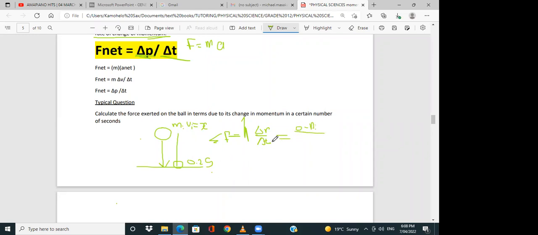all divided by delta t, the change in time, the time that the ball took to be in contact with the ground, which is going to be our 0.2 seconds.